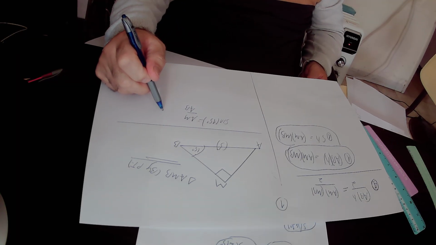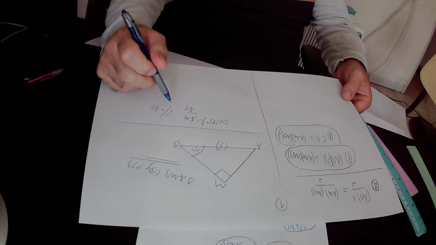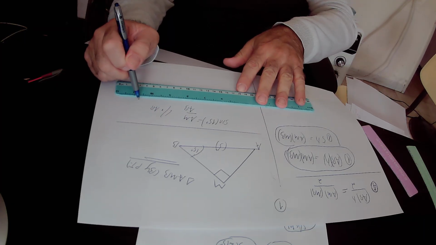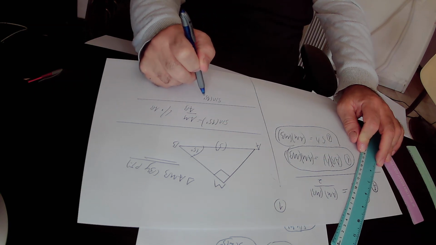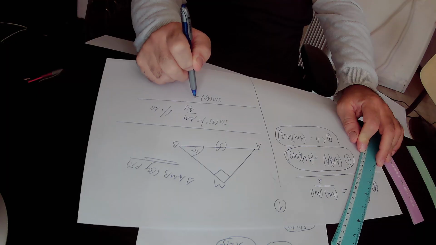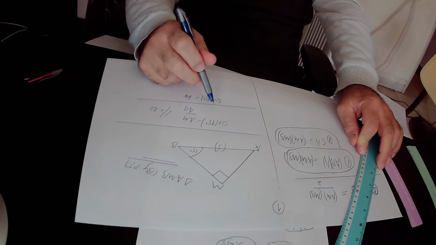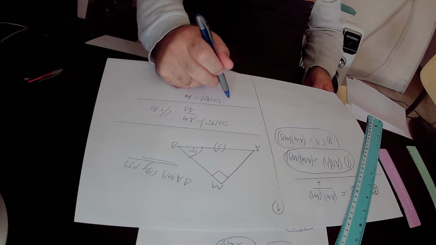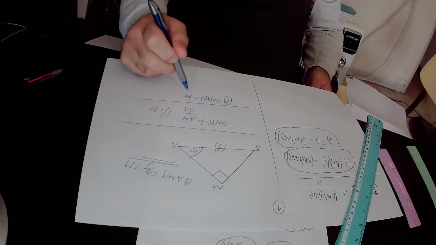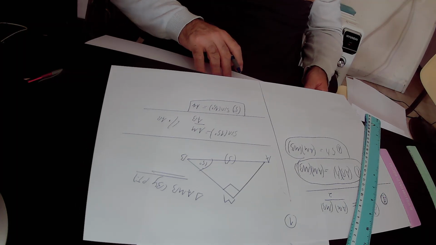So here we multiply this equation by AB, and finally we get that AM equals AB times sine 15 degrees. AB is 5, so we substitute AB by 5, and finally we get that AM equals 5 times sine 15 degrees.